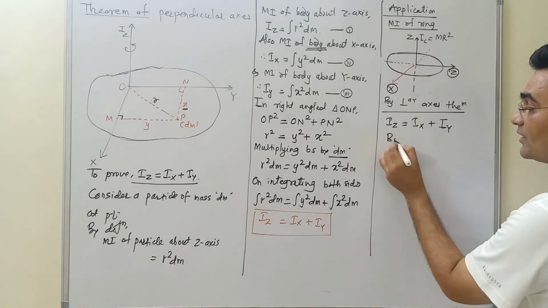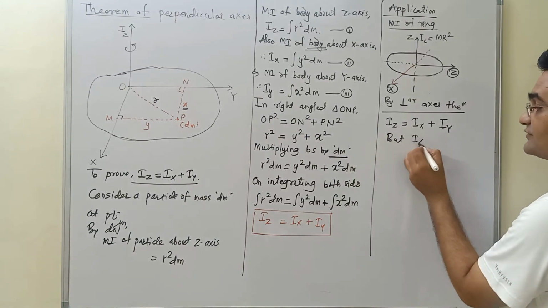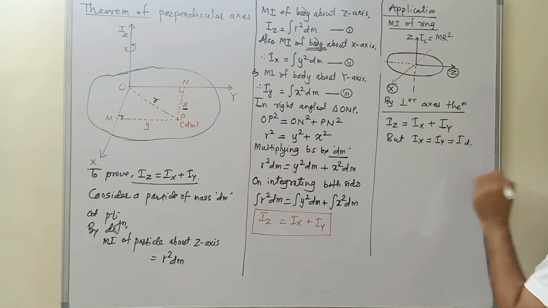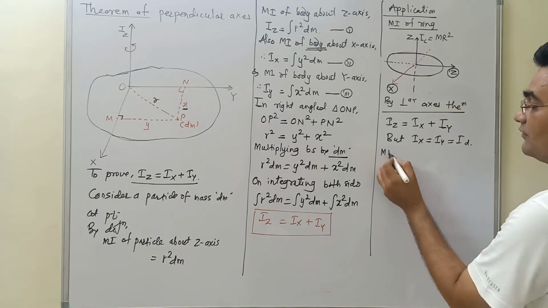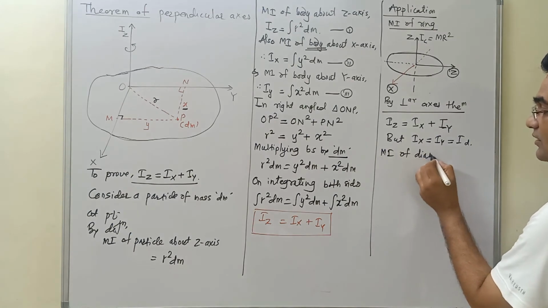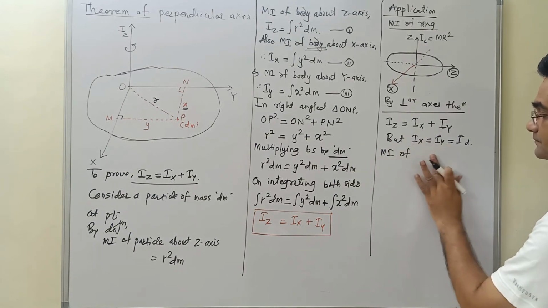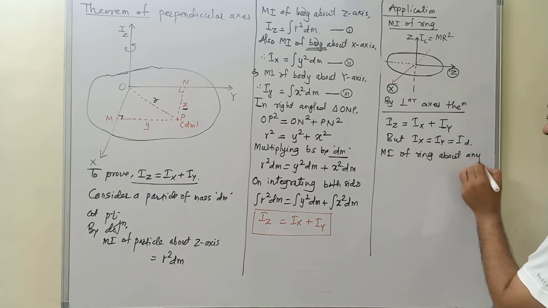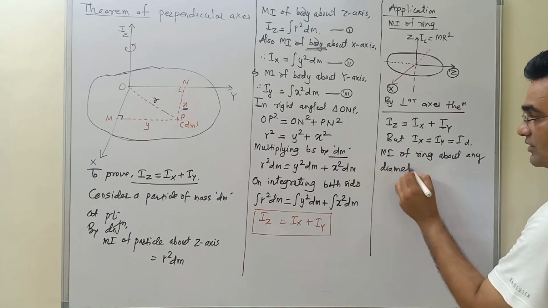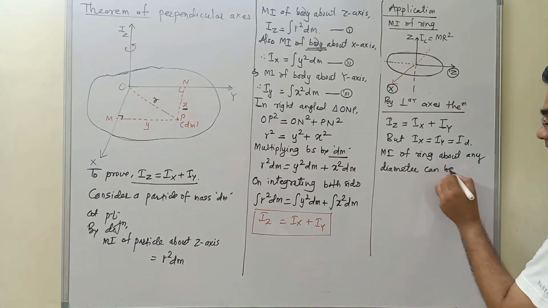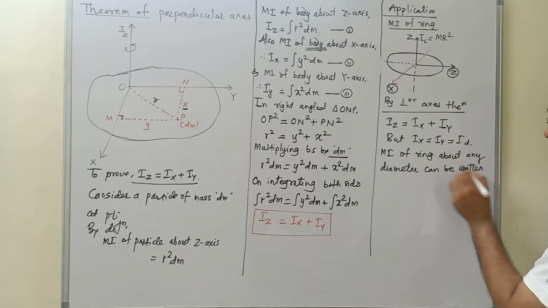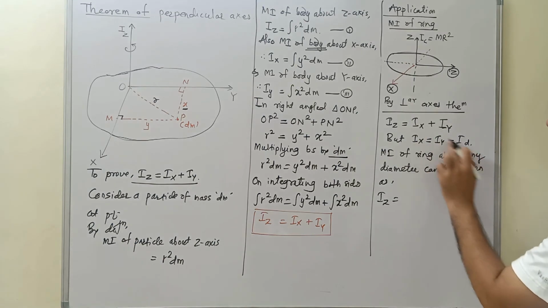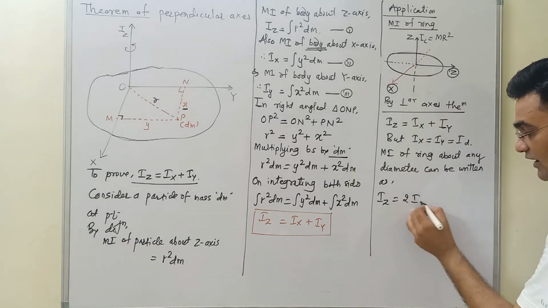Here Ix equals Iy, and say it equals the moment of inertia about the diameter, Id. So the moment of inertia of the ring about any diameter can be obtained as Iz equals Id plus Id, which becomes 2Id.